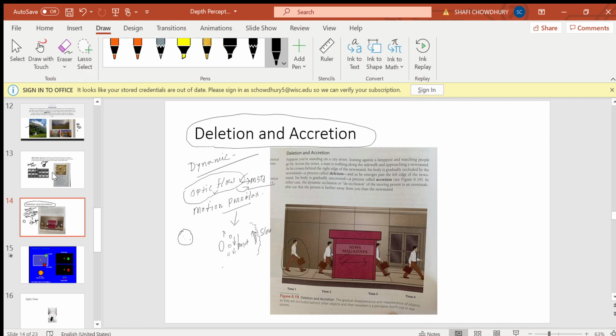Motion parallax also needs MSTD neurons, but a few experiments have shown that MT can also be receiving or processing motion parallax information.